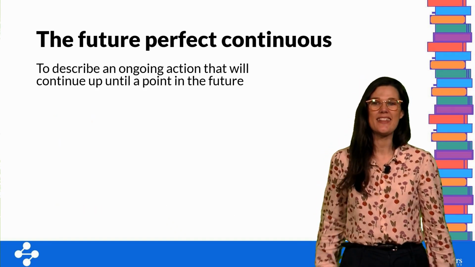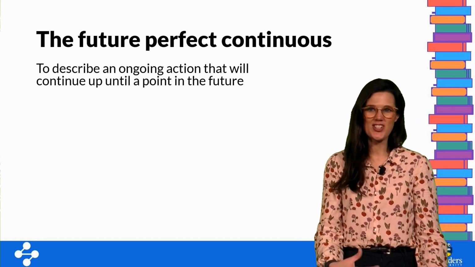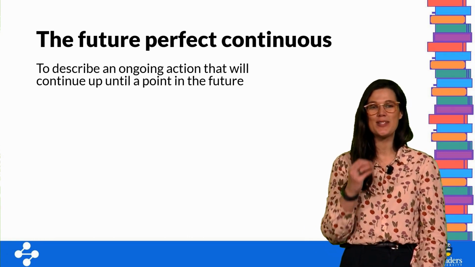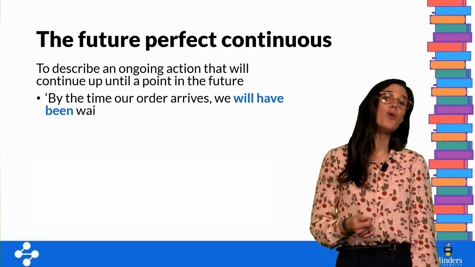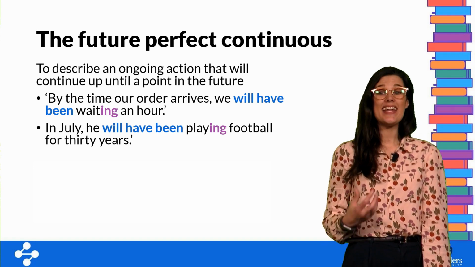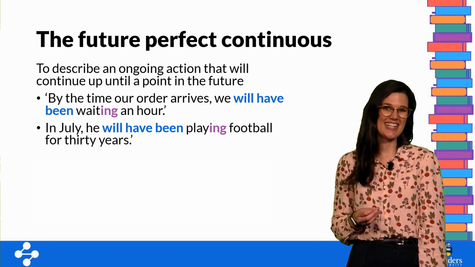And finally, we get the future perfect continuous, which describes an ongoing action that will continue up until a point in the future. As I said before, this one's quite difficult. So, by the time our order arrives, we will have been waiting an hour. Or in July, he will have been playing football for 30 years.